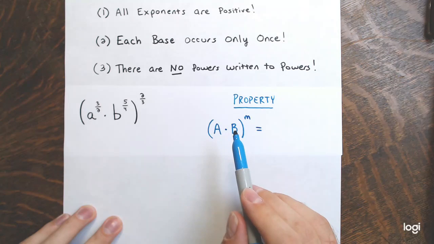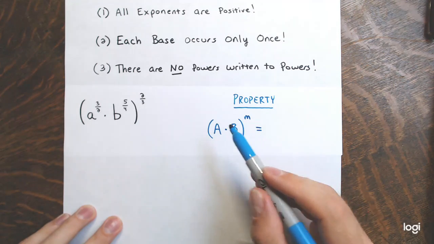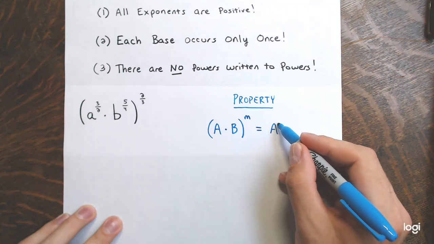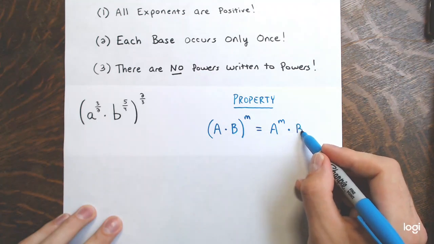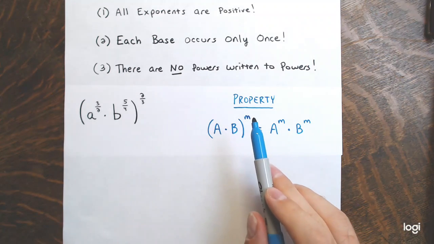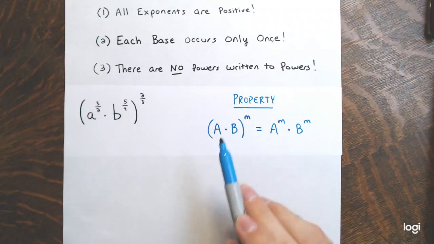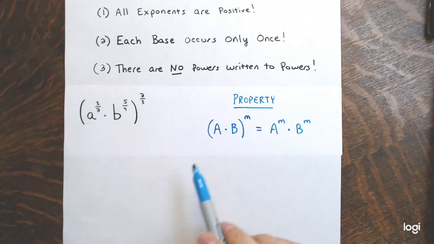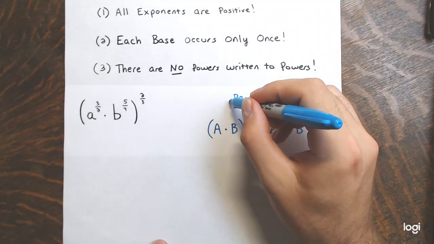So (a times b) to the mth is equal to a to the mth power times b to the mth power. So basically you can put the exponent on each factor. Right, and this is not distributing. This is not called distributing. Please know that.